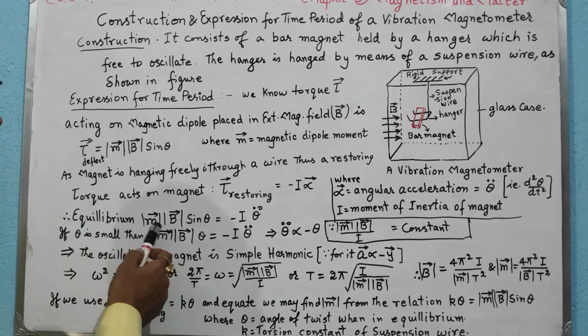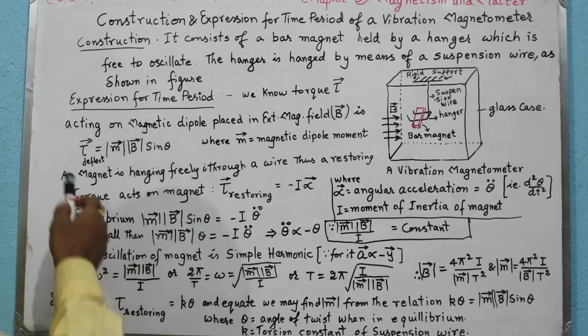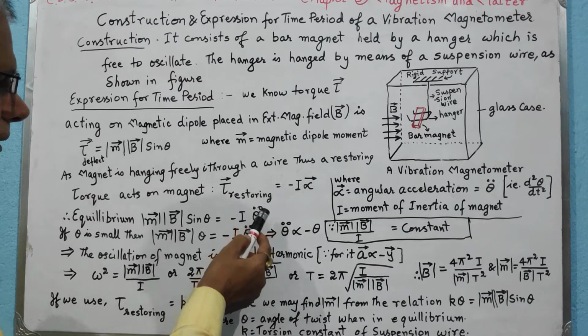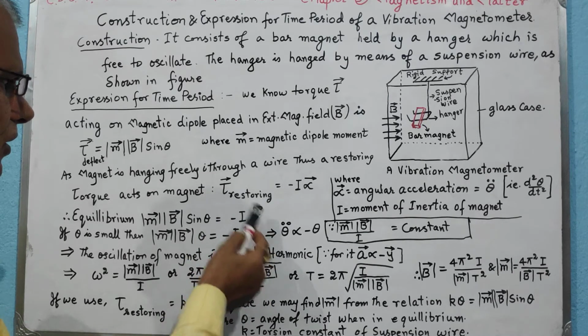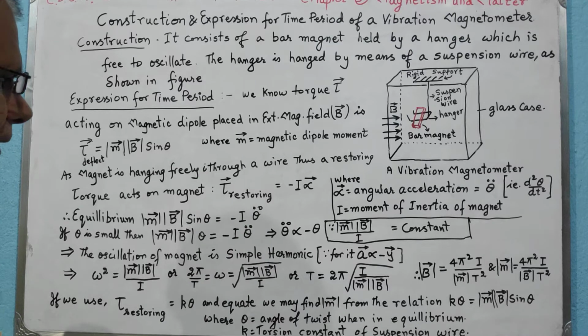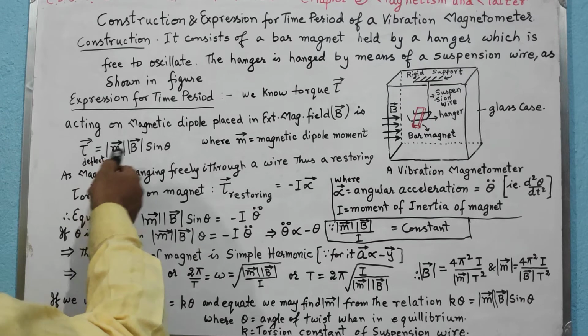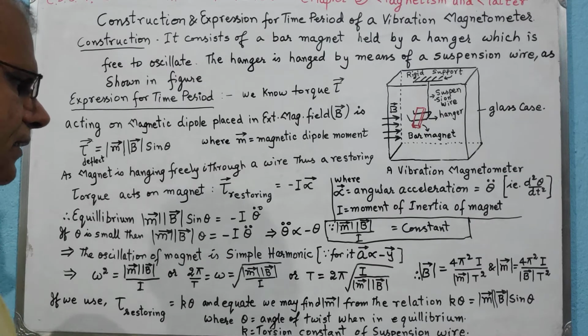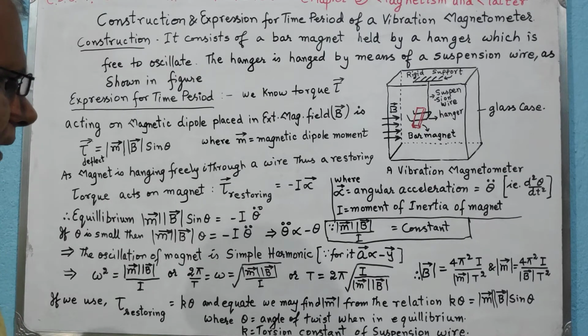So in equilibrium, mB sine theta, the deflecting torque, is equal to minus I theta double dot, the restoring torque. The minus sign indicates that while one torque is causing a rotation in the clockwise direction, the other torque will be in the opposite sense, anti-clockwise, and therefore a negative sign is put in the equation.